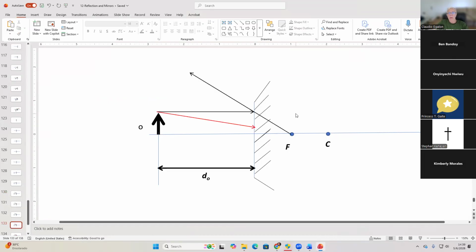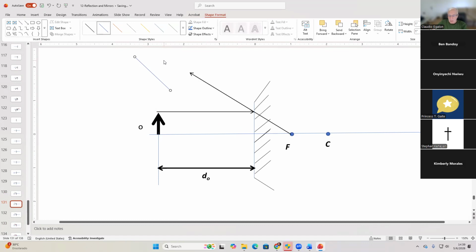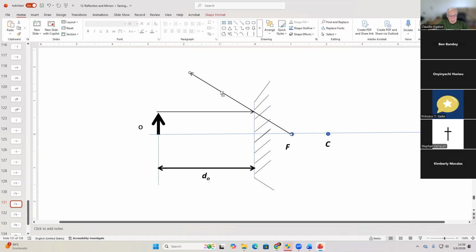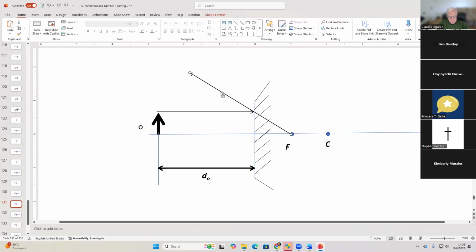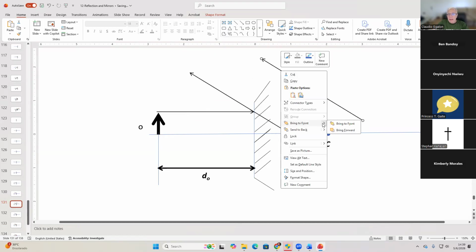What I need is another line here. I will copy this one and paste it. I'm not going to change the position, but I'm going to change something else.